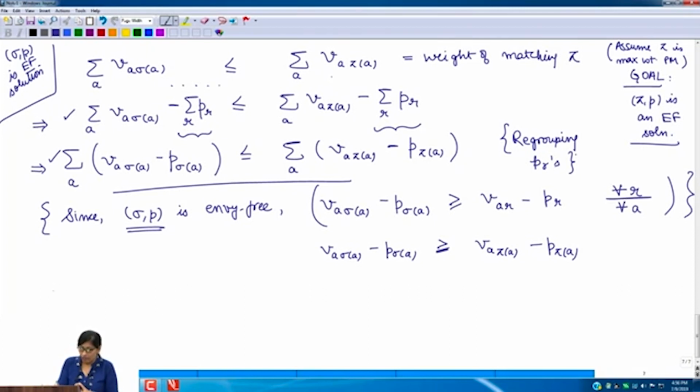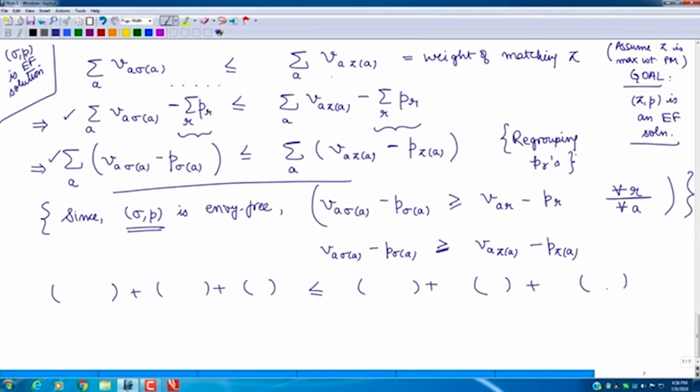So here, let's say you have these summations. This is for agent A1, this is for agent A2, A3, let's say we have 3 agents. This is for, again, agent A1, A2 and A3. This is what he is getting under pi matching, and this is what he is getting under sigma matching, right?